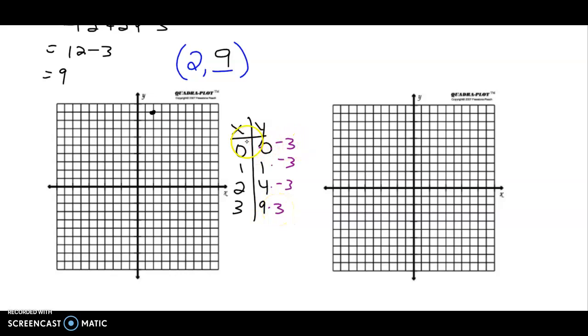Now 0 times anything is 0, so that ends up staying as the first point. This becomes our new 0, 0. So that next point is going to be 1 to the right from that point, but then down 3. Then we go 2 to the right and down 12. There's 9, 10, 11, 12.